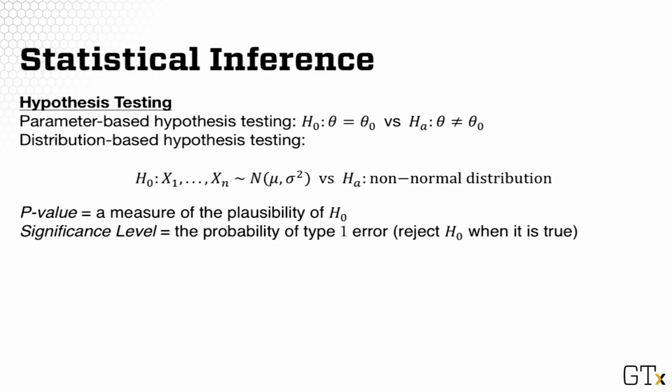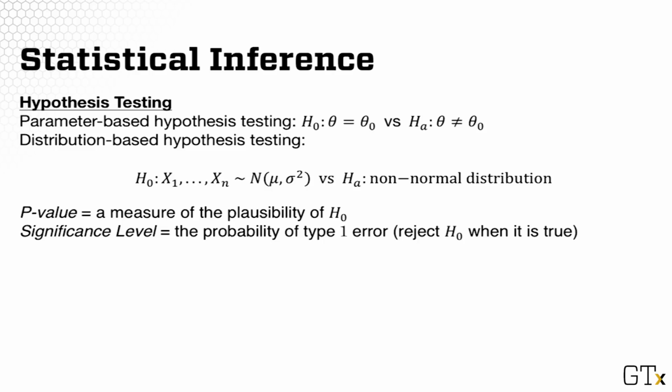Here, theta 0 is a known null value. We can also have hypothesis testing for distributions. For example, we may be interested in testing whether the data come from a normal distribution versus not.